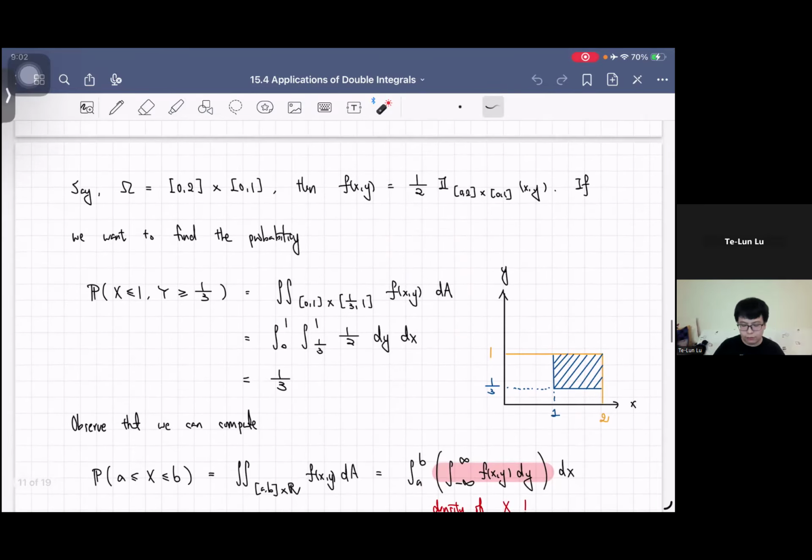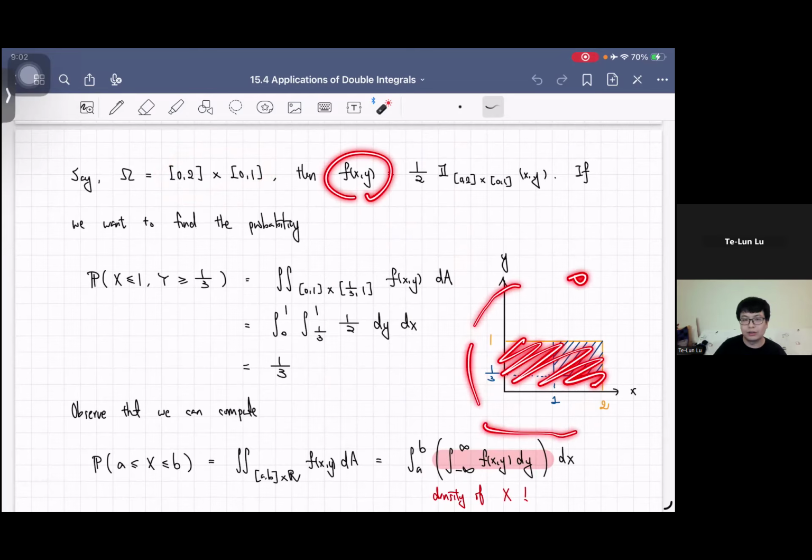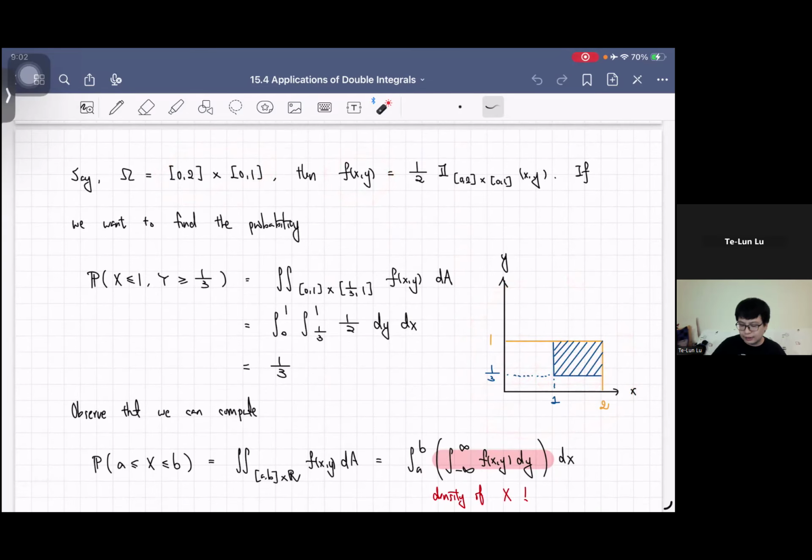Okay, so for a very simple example, let's do a rectangular domain. Omega is [0,2] times [0,1]. In that case, f of xy would take the value half within this rectangle and 0 outside. Obviously the area here is 2, right? So the integral of f on this domain will be half times 2, so that's 1.